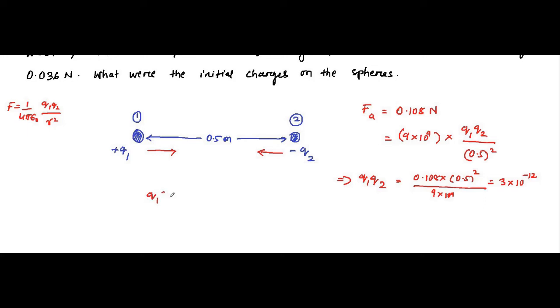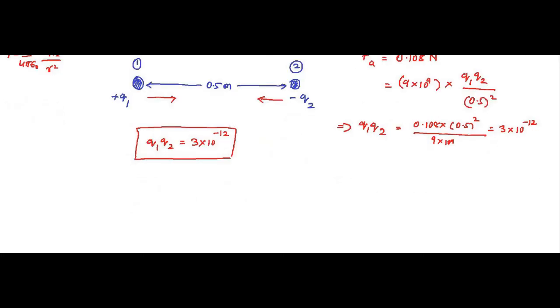Q1 Q2 is equal to 3 into 10 to the power minus 12, the product of these two equal and opposite charges. So what happened then: these two charges, plus Q1 and minus Q2, are connected by a wire.